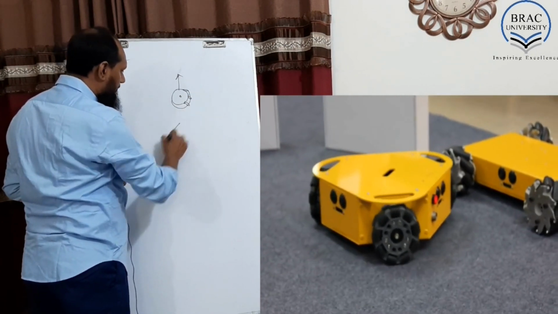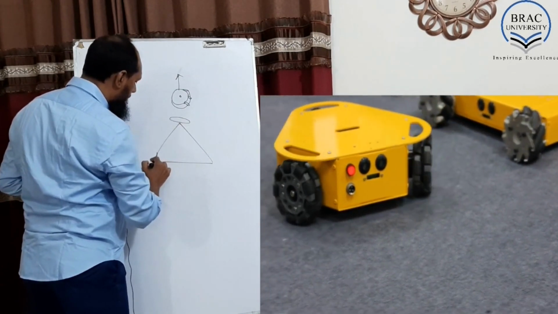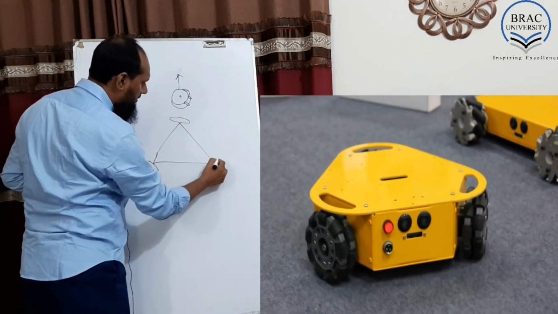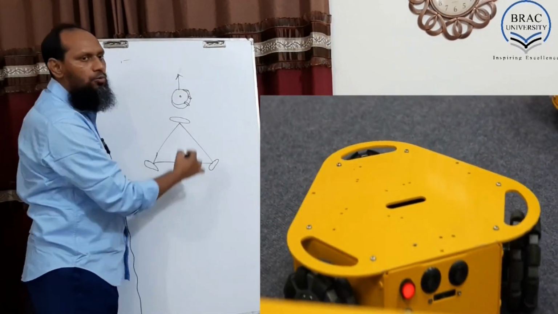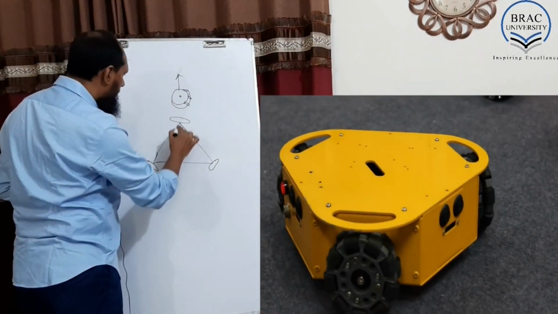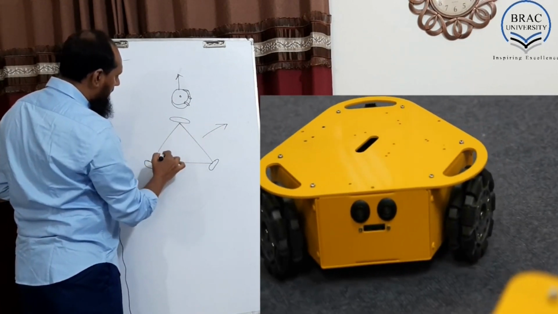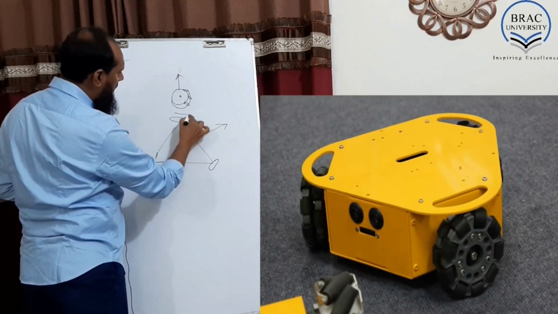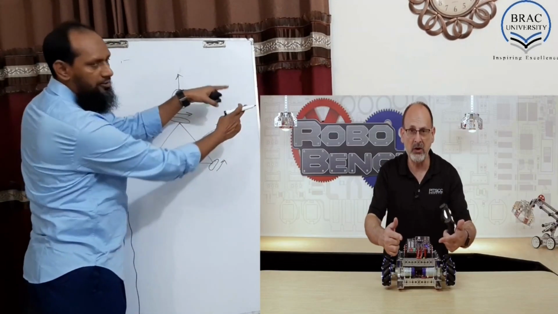So if you have a triangular chassis and if you use 3 wheels on it, in any direction you want, you can move. Like to move in this direction, you will just run this wheel in this way and this one in this way. It will go in that way.